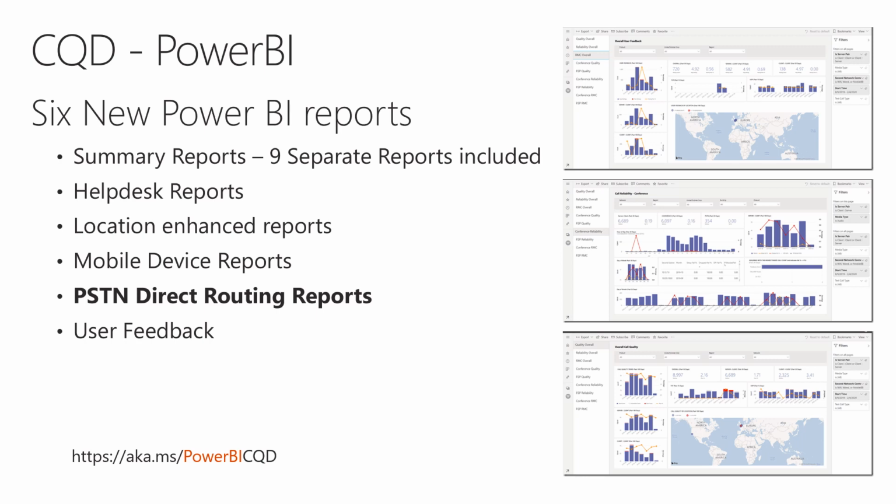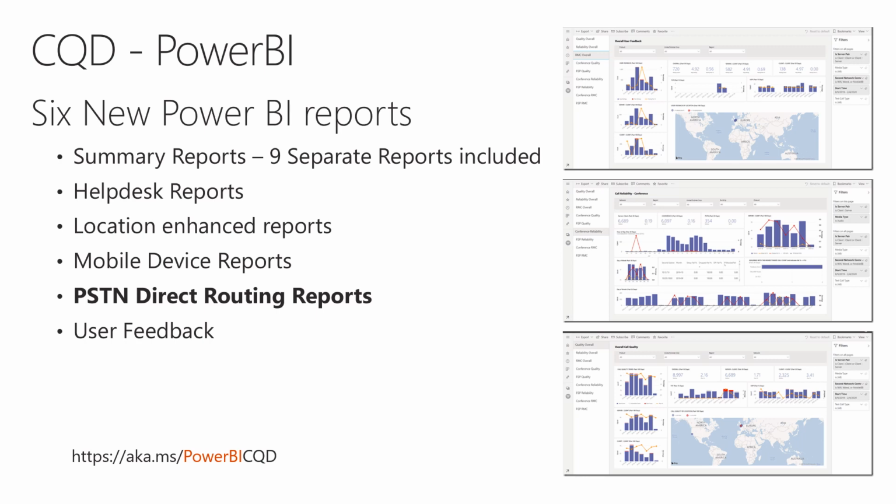And then there's also a user feedback report. These reports are available through the Call Quality Dashboard portal itself, which is at cqd.teams.microsoft.com, but they can also be downloaded to be used with the Power BI desktop application.